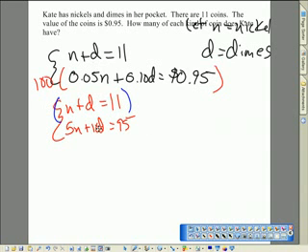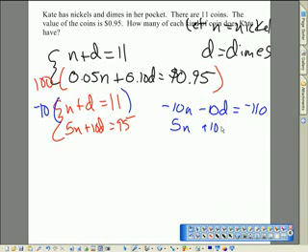That's a 10, so to get rid of D, we'd have to multiply by negative 10, because that's positive 1D. Or we could have multiplied by negative 5 to get rid of n. Doesn't matter. So I get negative 10n minus 10d equals negative 110. 5n plus 10d equals 95.